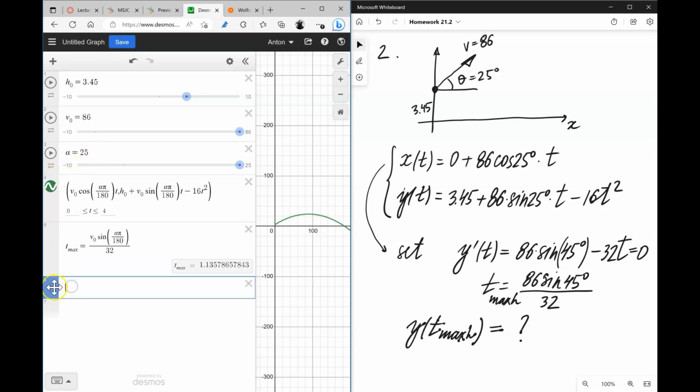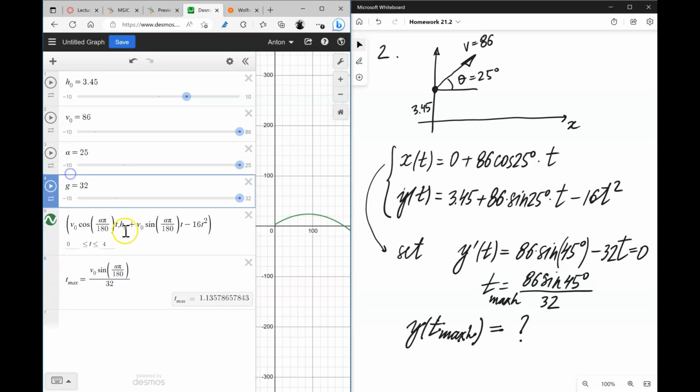And here it does make sense to introduce the gravitational constant. In our case it's 32 feet per second squared, but it could be 9.8. So let's do this here. It's going to be 1/2 of g t squared. And this is not my 32, this is actually g. So it reaches maximum when t is equal to that.